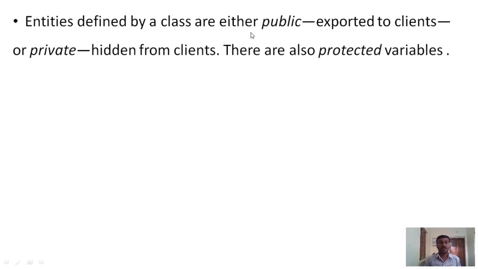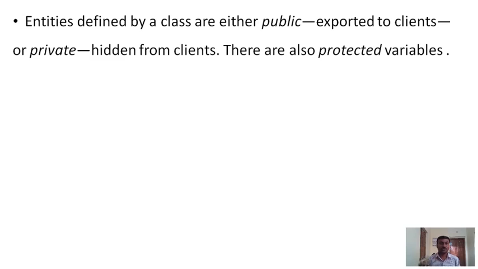Then entities defined by a class are either public, private or protected. In object-oriented programming, we have three types of access specifiers. Entities defined in the class that are public are exported to the client, so they may be accessed by any client.